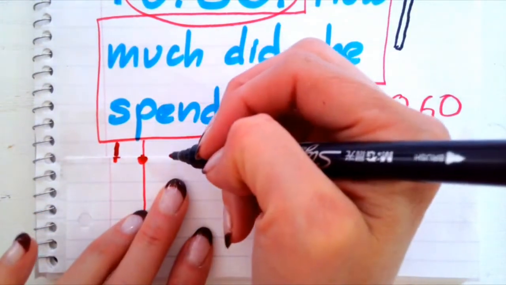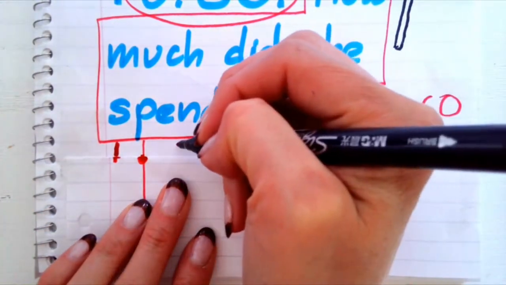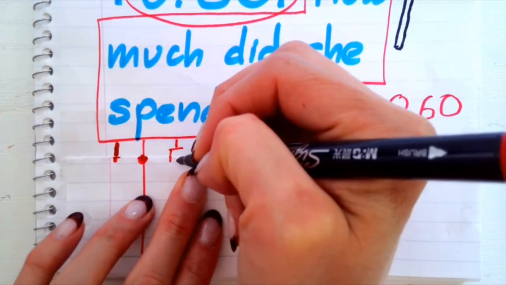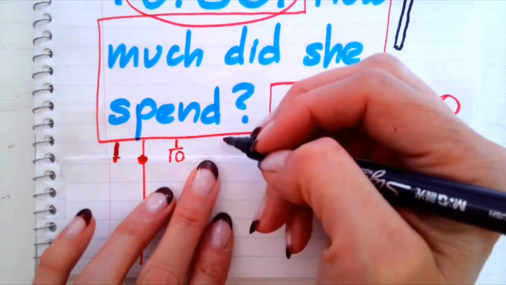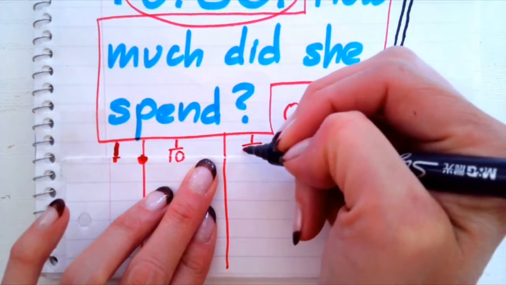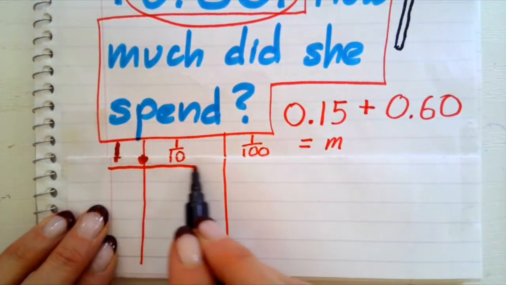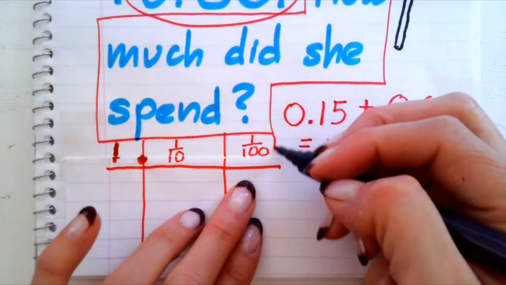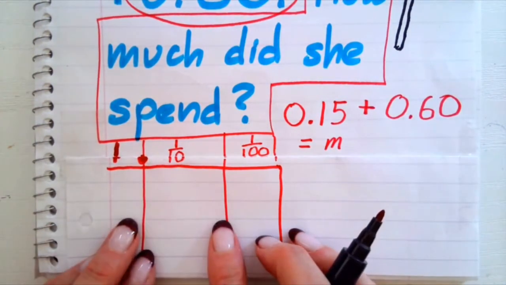That one a little longer. And then we're going to do our tenths. So I'm going to write a little 1/10. And then we're going to write another line going all the way down, and we'll write hundredths. Okay, we're just going to put a line underneath that. This is our place value chart to help us keep track of our math.